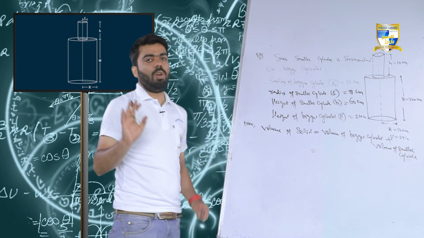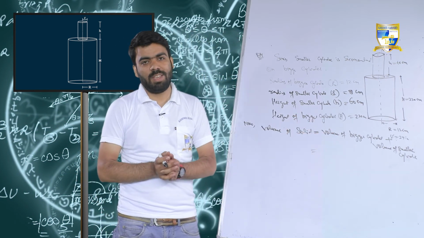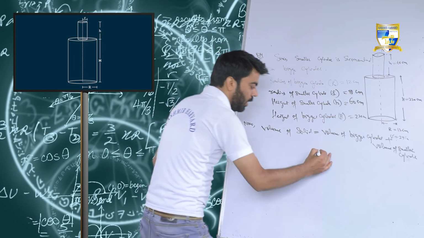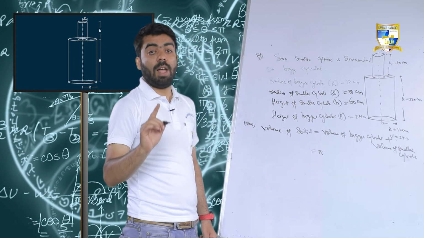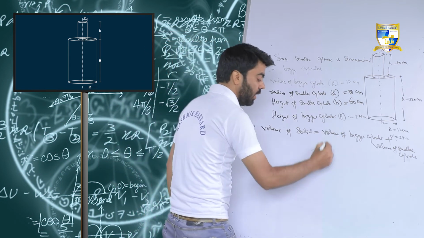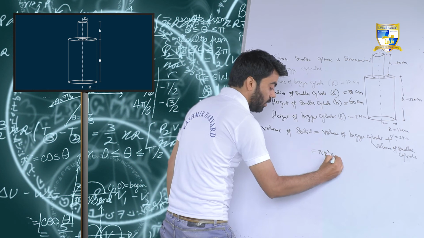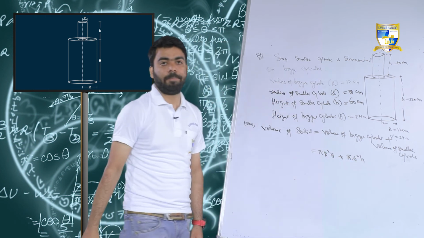We all know that the formula for the volume of a cylinder is pi r square h. But mind it, R is not the same, R is different and also H is different. So pi capital R square capital H plus pi small r square small h.